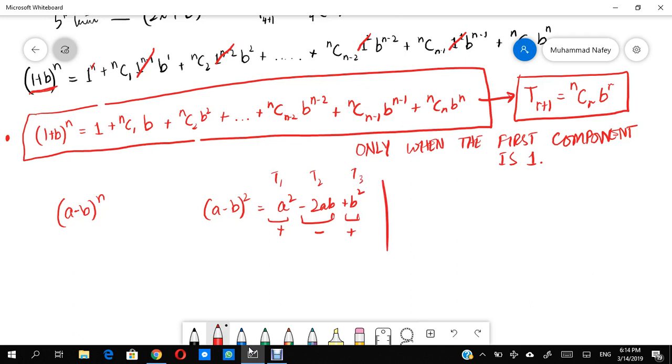So there are two observations that we can make here. The first one, positive and negative terms alternate, starting with the first positive term. So the first term would be positive.